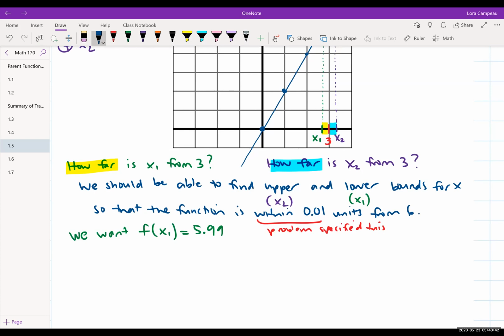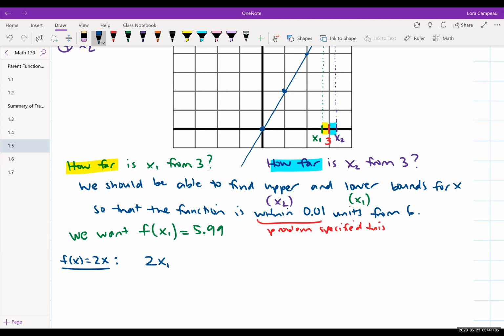Recall, they did define the function f of x equals 2x to us. So instead of using f of x notation, f of x1 is the same thing as saying 2 times x1. All you're doing is replacing x with x1.